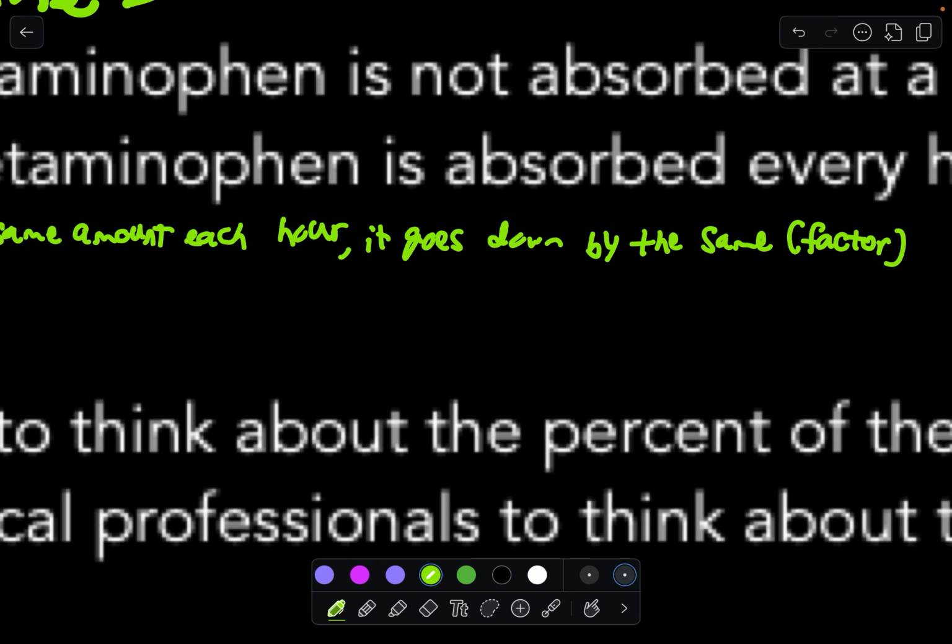In other words, we're multiplying the amount we have by a number, okay?